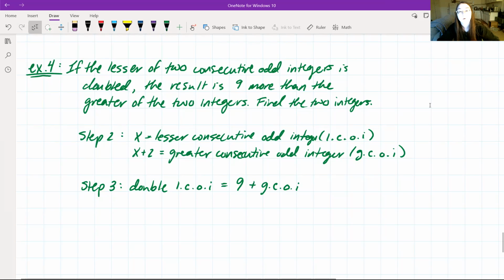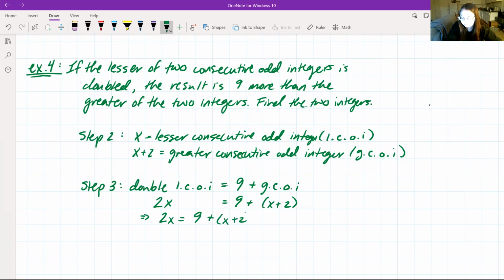So this is how we're formatting it. And since we have double, this is telling us that's going to be 2 times x is equal to 9 plus x plus 2, because that was our greater consecutive odd integer. So this equation is 2x is equal to 9 plus x plus 2.